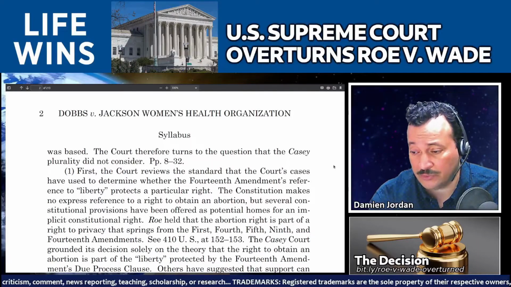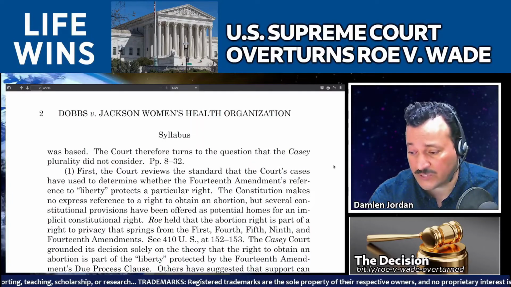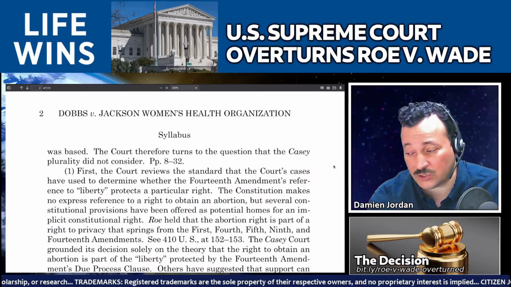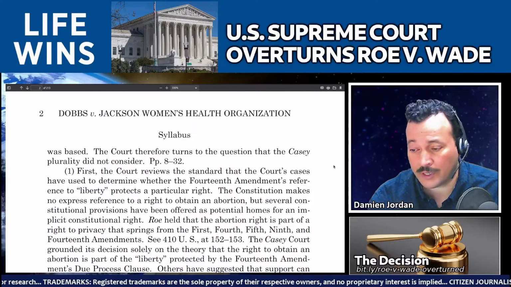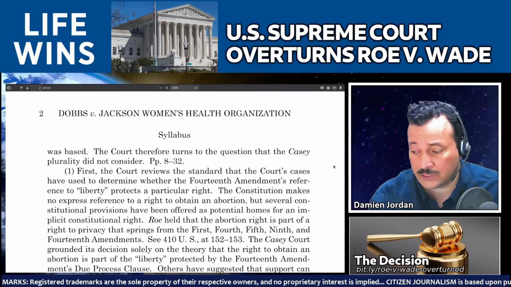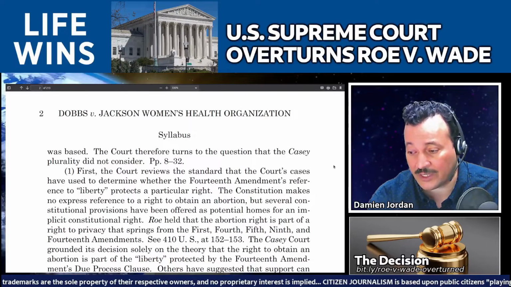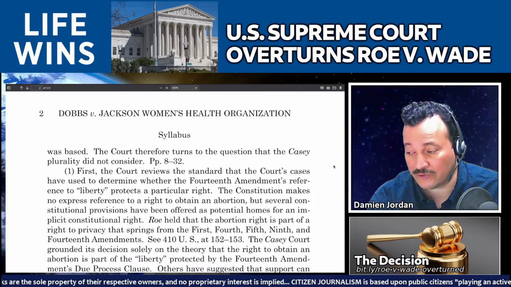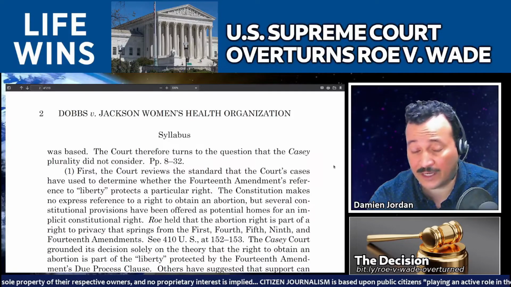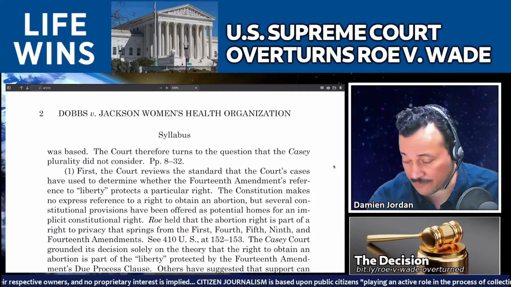The Constitution makes no express reference to a right to obtain an abortion, but several constitutional provisions have been offered as potential homes for an implicit constitutional right. Roe held that the abortion right is part of a right to privacy that springs from the First, Fourth, Fifth, Ninth, and 14th Amendments. See, and they provide references.